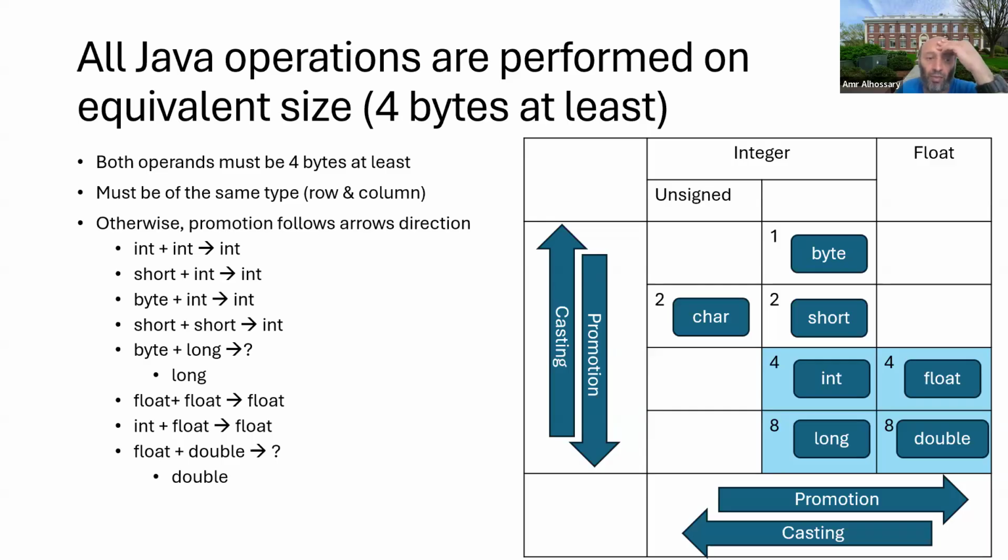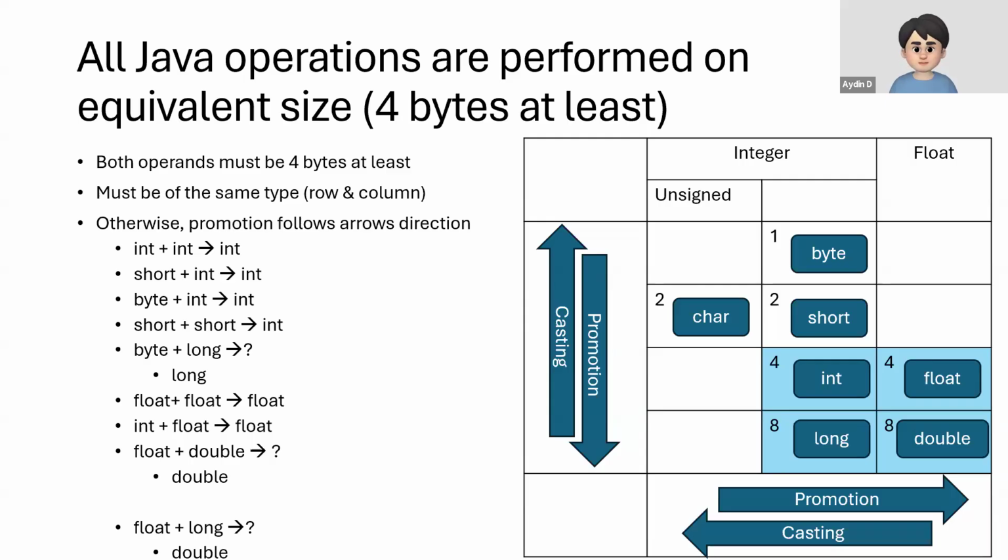Float plus long is double. Why? Because they're both 4 bytes, and because they're not the same type, it has to become the other kind.